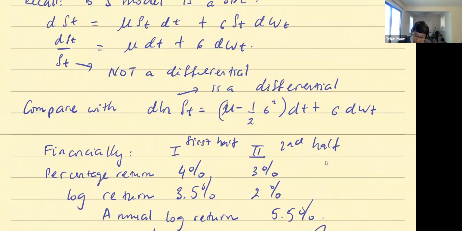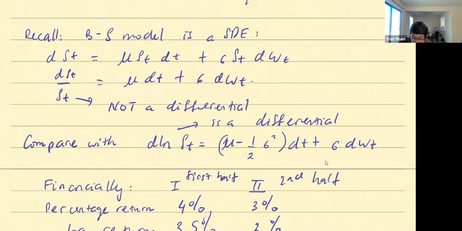So, back to the mathematical aspect of things. We have shown that this and this say the same thing. But pretend with me here that you do not know the explicit formula for ST. That actually is an accomplishment. You start out here and you want to somehow convert it to this, to log return, not knowing what ST is.